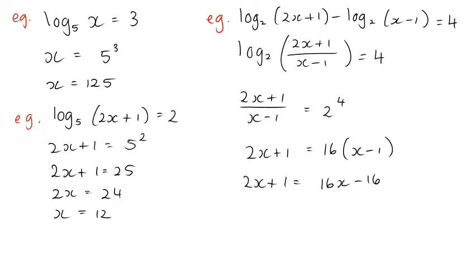Right, I'm going to take my 2x over, so I get 14x on this side. I have 1 plus 16, so I get 17 on that side. And just divide by 14. 17 on 14. We all followed along with that one? Yeah. Good. Let's try another.